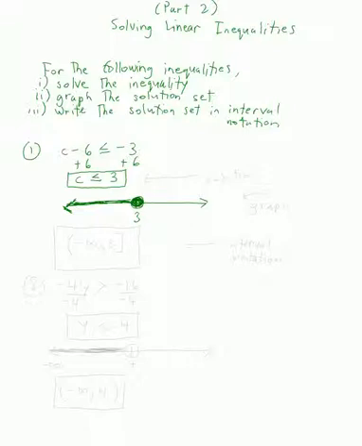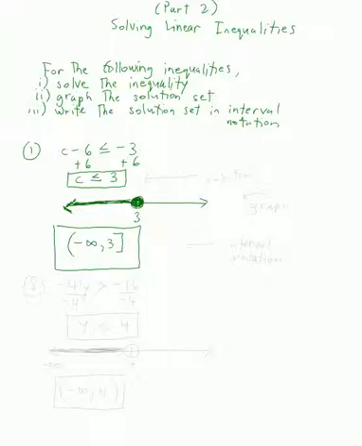I include that in. So there's my graph. Finally, to write the solution in interval notation, it goes to the left till negative infinity, and to the right, it goes until 3. Remember, you never included negative infinity, and we are including 3 this time. So there's my solution.